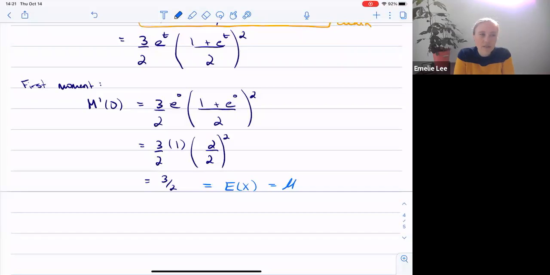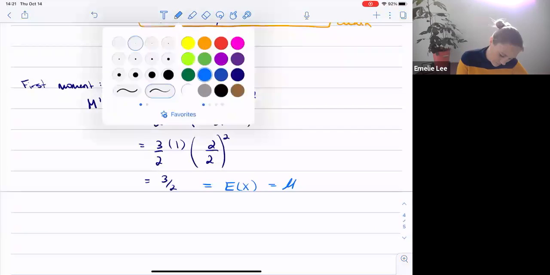What if I have to find the second moment? Remember, if I wanted to find the variance, the first step in finding the variance is to find the second moment.